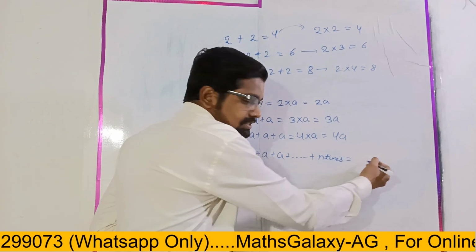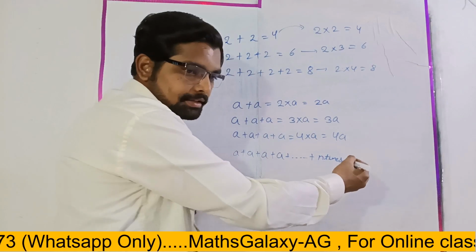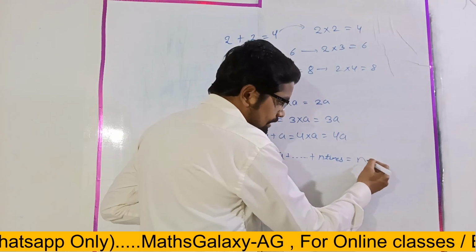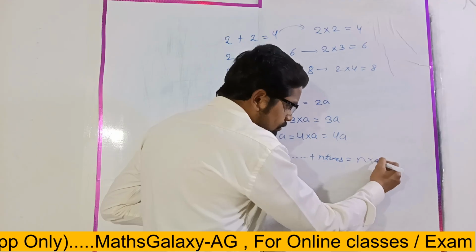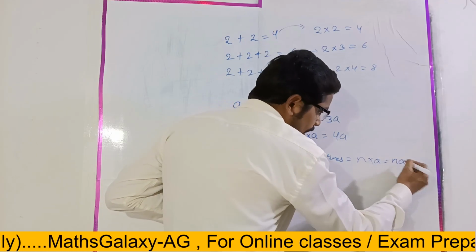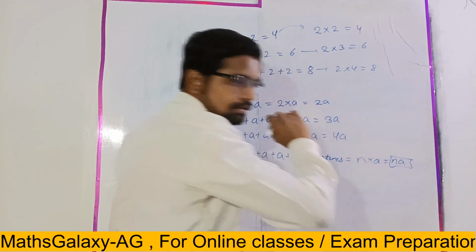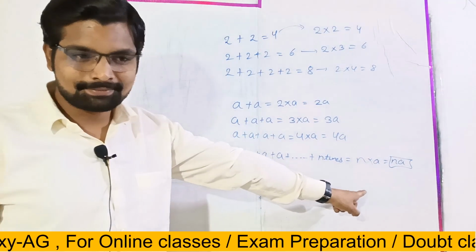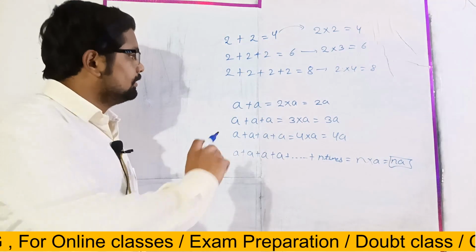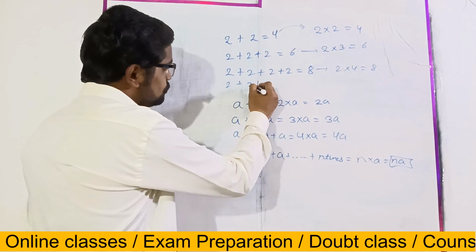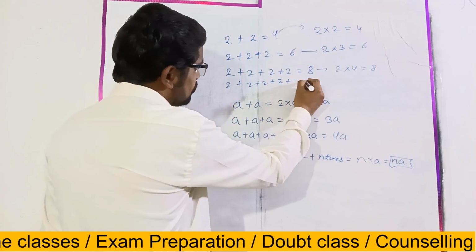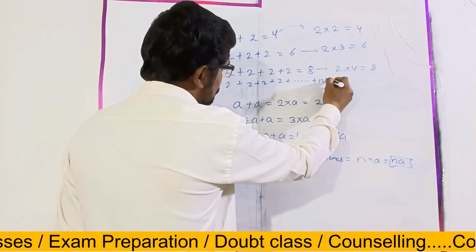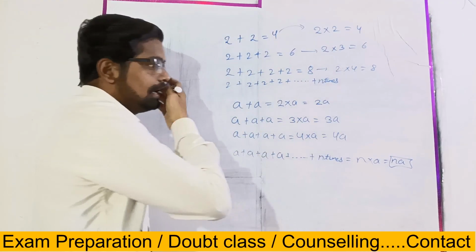So in multiplication form, what can we write? The times, that is n into a. So it will be na. Did you get this one? Here 2 plus 2 plus 2 plus 2 plus dot dot dot plus n times. How many times? n times.